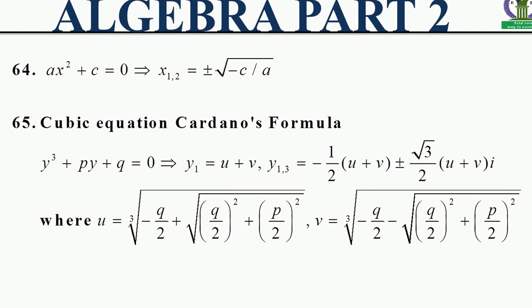Next we have ax square plus c equals 0, so the roots will be plus minus under root minus c upon a.